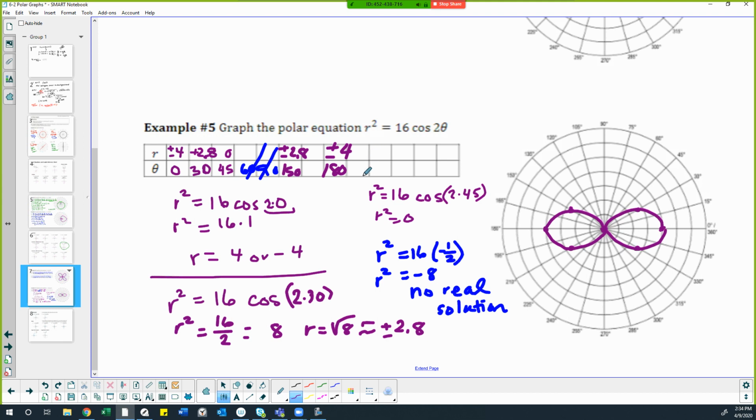So basically if you plug in more numbers, you're going to get more that are not solvable, and then more that are solvable, and it's just going to repeat the same graph again. So if you go from angle 0 to 360, it's just going to repeat the graph twice on the same exact points, and there will still be half of the points that you can't do because you don't get a real answer for them.